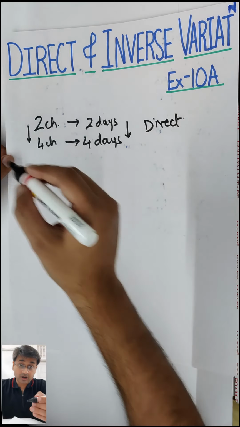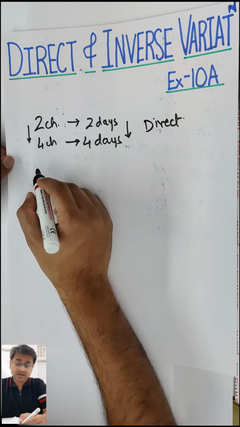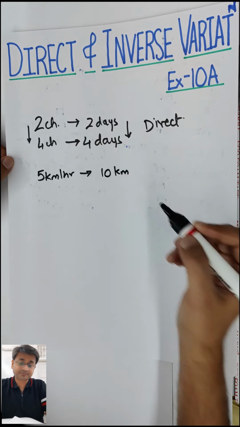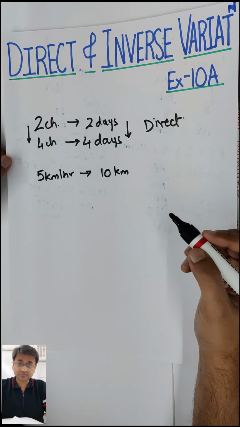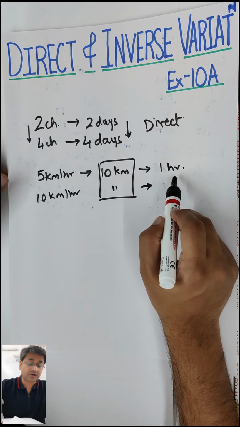But if I tell you, if you are very good at cycling, and if your speed of the cycle is, let's say, 5 kilometers per hour, then you can go a distance of 5 kilometers in 1 hour.